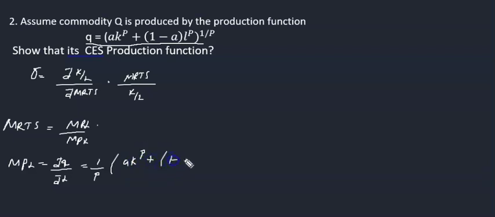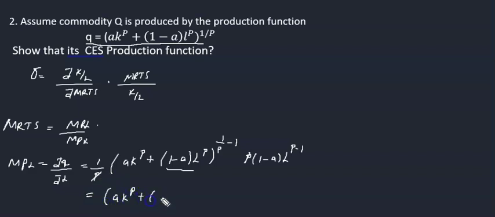We say 1 minus A, L to the P, close the brackets, we have the power reduced by 1, like that, and we differentiate L in here. So L, when we differentiate it by chain rule, we drop the power, and we'll have 1 minus A, then L with the power P dropped by 1, like that. We can see that P and P cancel, so we just remain with this expression as our marginal product. This one I'm just copying the exact things.